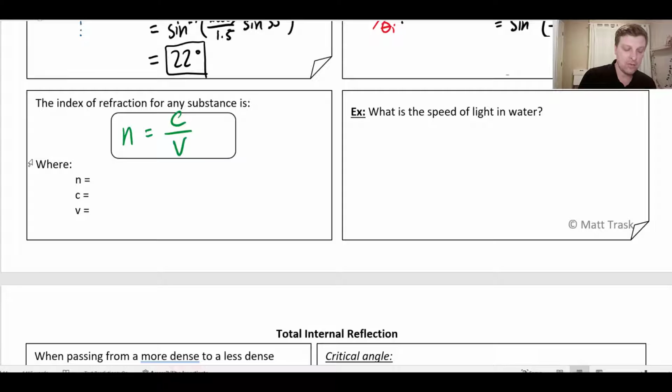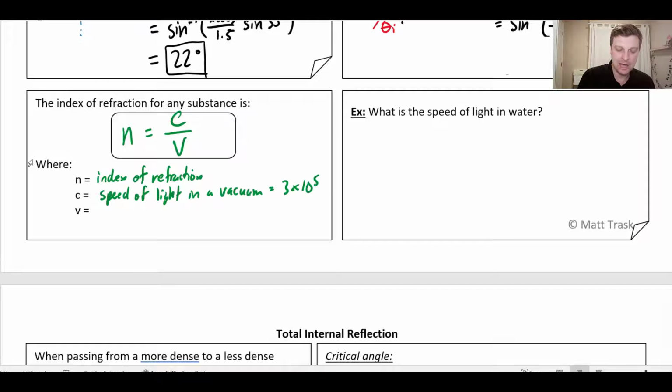And so n, of course, is the index of refraction for that material. c is the speed of light in a vacuum, which remember is the fastest that light can travel, and that's right around 3 times 10 to the 8 meters per second. And then v is the speed of light in the medium. So whatever the thing is that we want to know, the glass, the water, the air, the whatever.